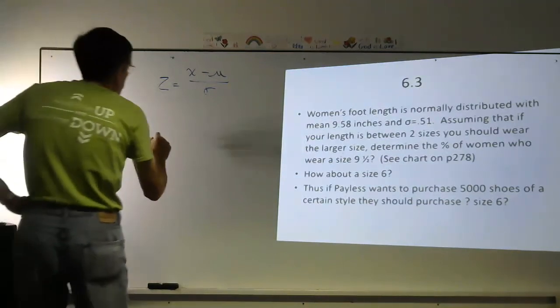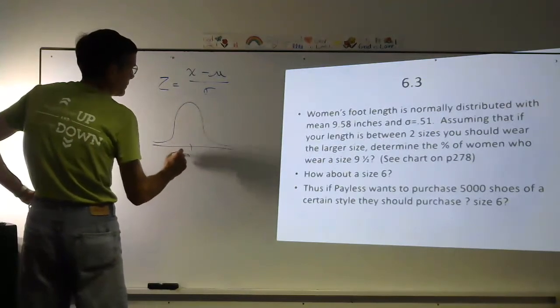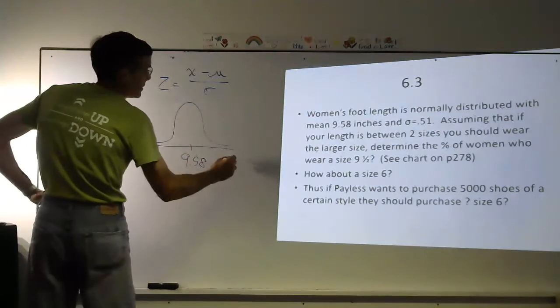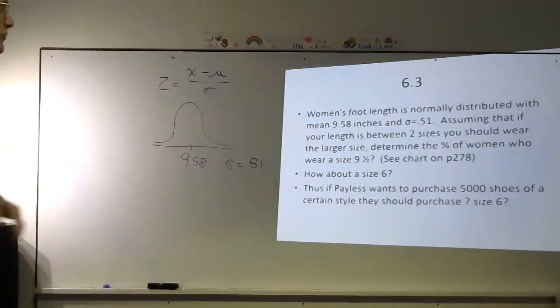All right, so let's draw a picture. Here we have mean is 9.58. Sigma is 0.51, okay? Assuming if your length is between two sizes, you should wear the larger size. Now make sure you understand that.